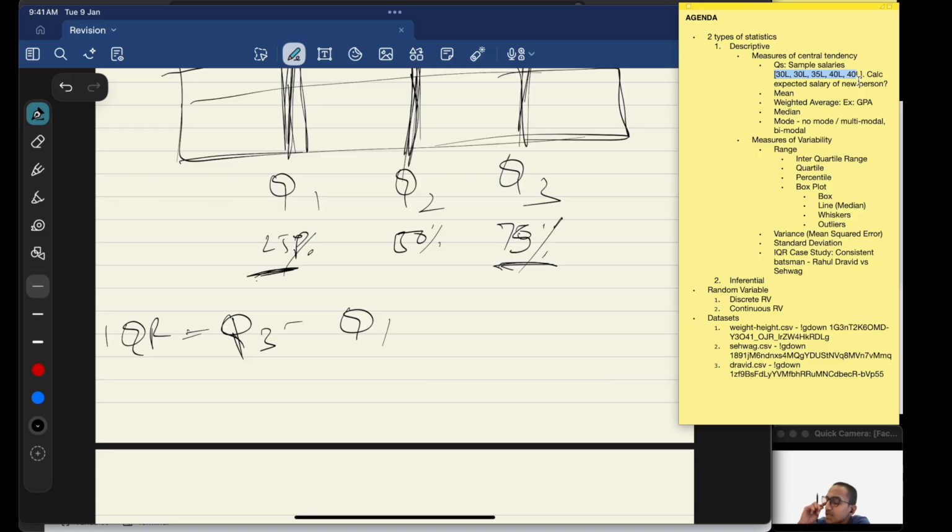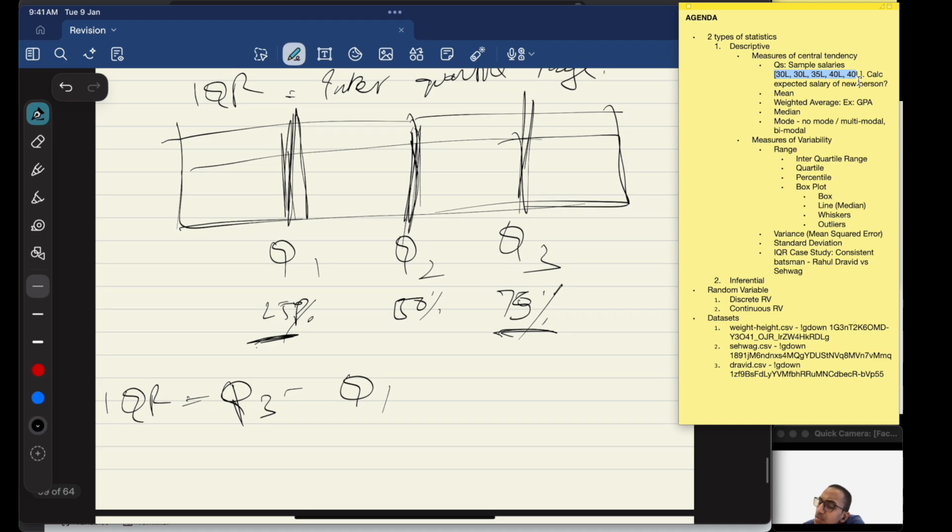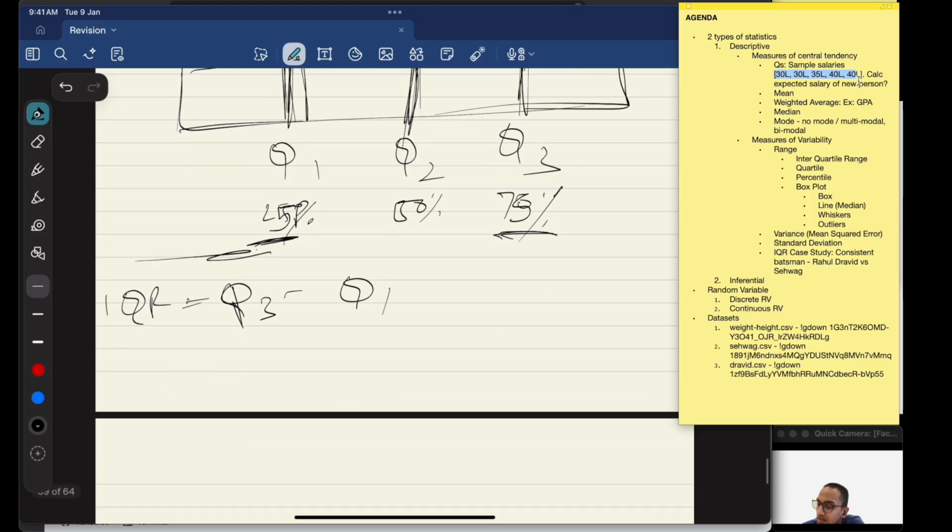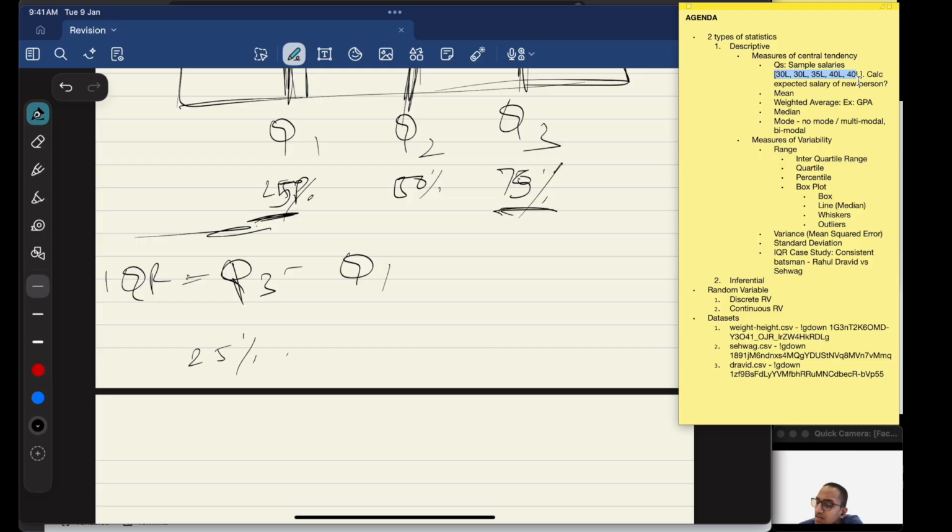Now coming to percentile, 25th percentile means 25% of data is below this value. So let's say I say the 25th percentile value is maybe 30, right? Then 25% of values are below the number 30.